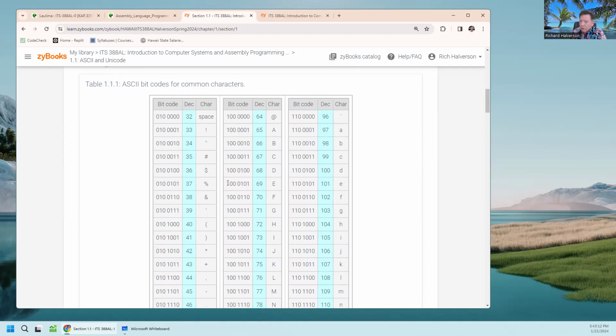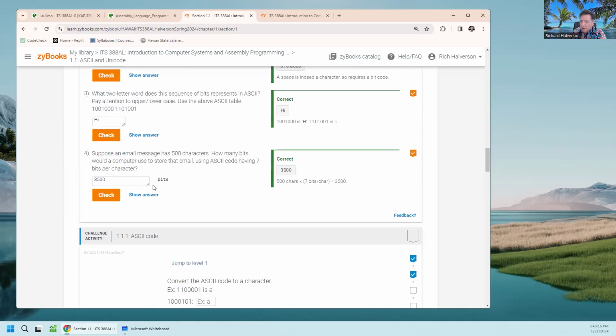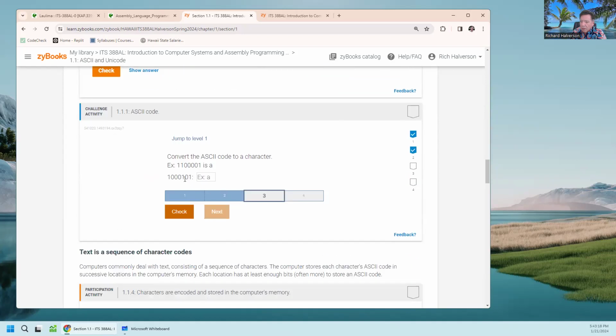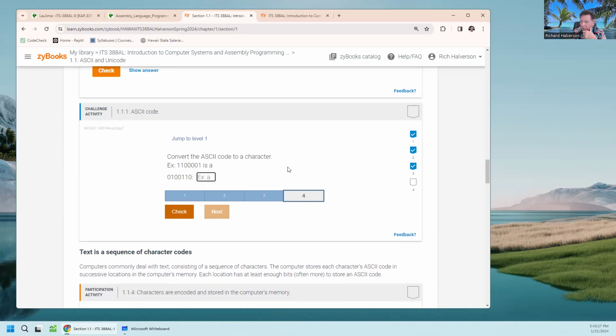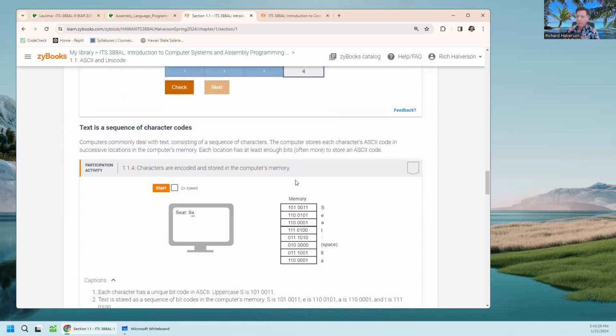Capital E. Wow, what do you know? All right, I'll leave this last one for you to do.